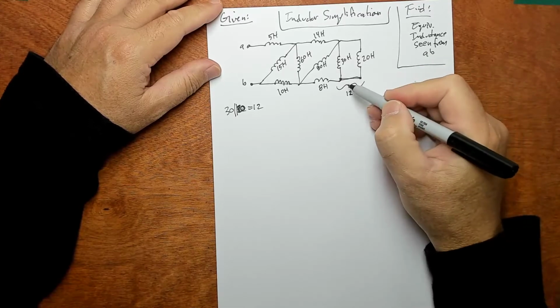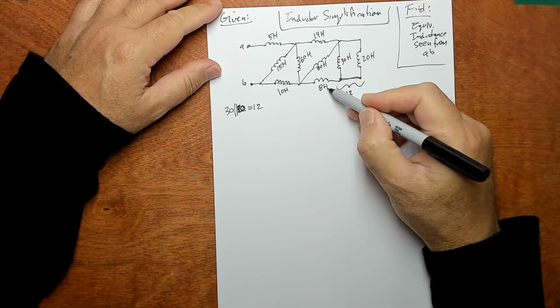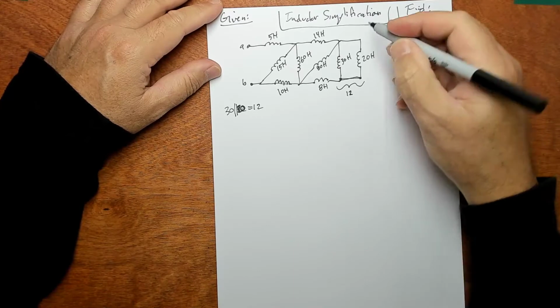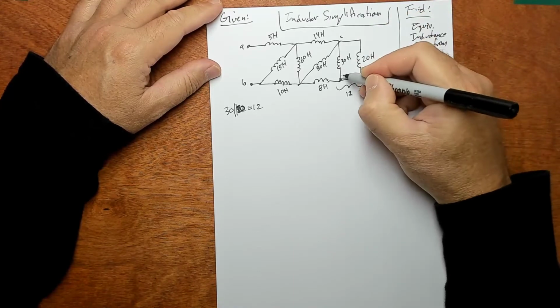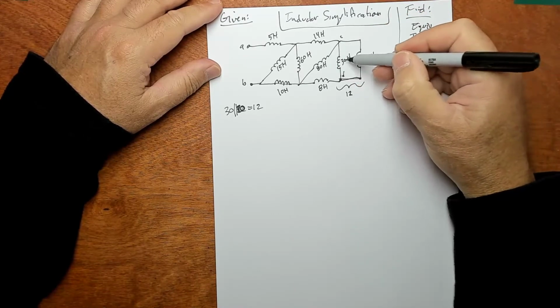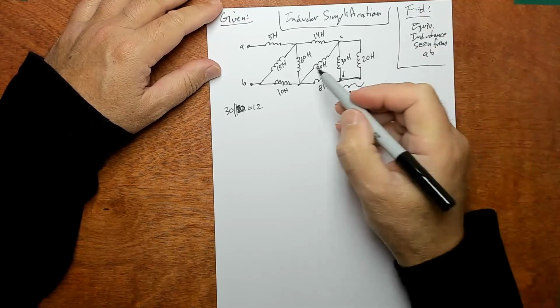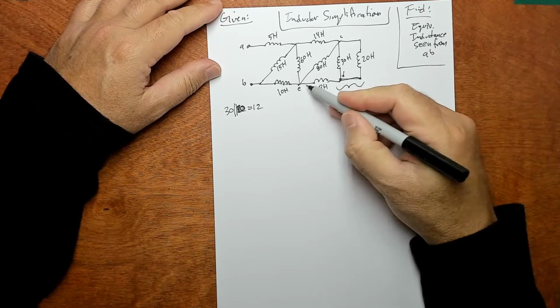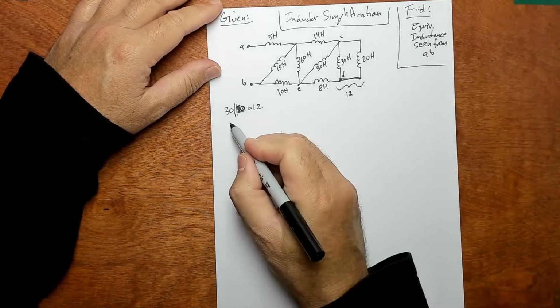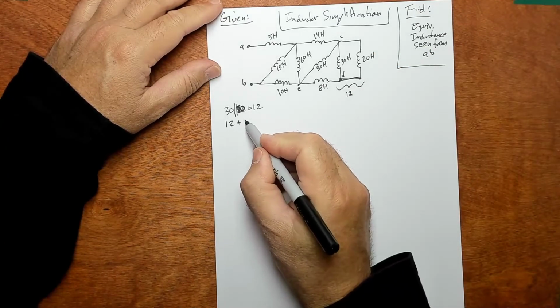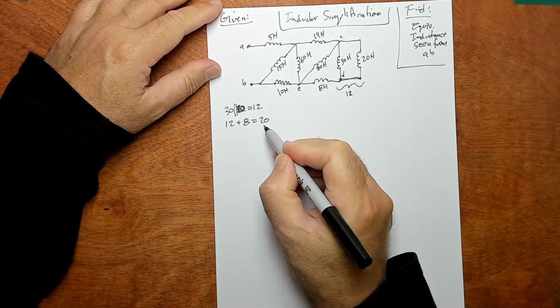Then after you do that, you'll have a 12, between, let's call this C and D. You can replace these two with a 12 between the same C and D, and then basically between E, D, and C you have two in series. So it'd be a 12 in series with an 8, which is 20.